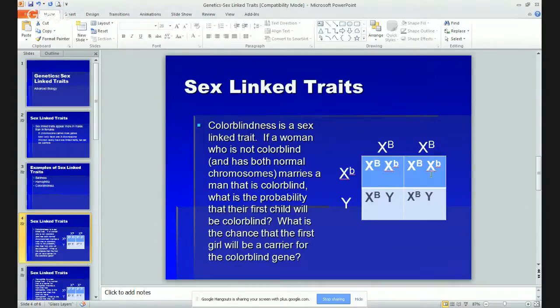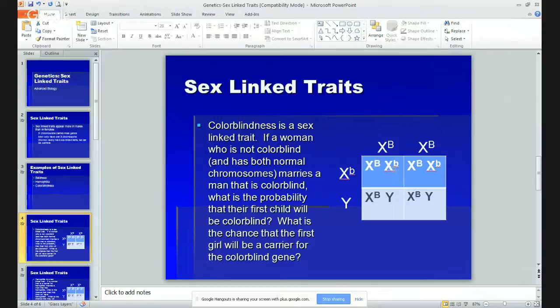So if you look here, both boys, if they were to have a boy, would have the normal quote unquote gene from mom, because that's all mom has to give, and dad, in order for them to be boys, was giving them the Y chromosome, and since colorblindness is not carried on that, the boys would not be colorblind. The girls, on the other hand, would not be colorblind.